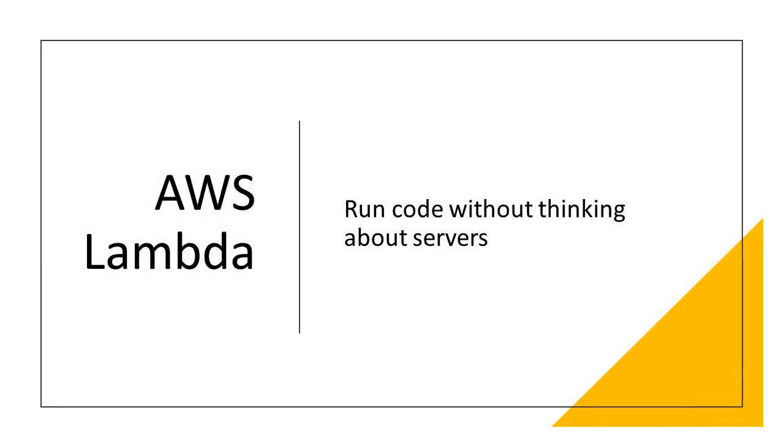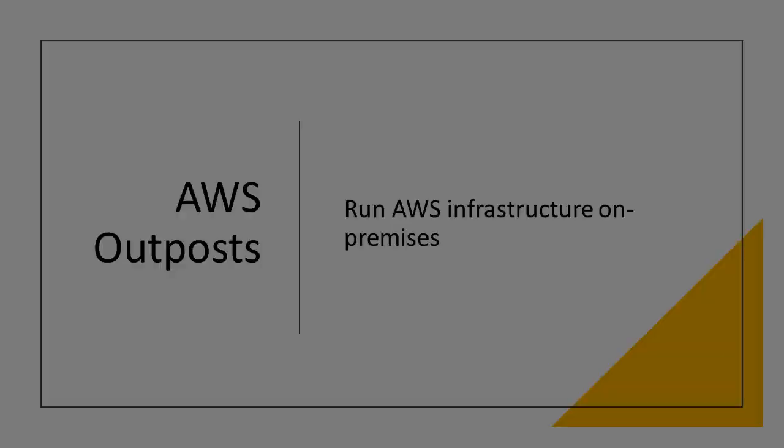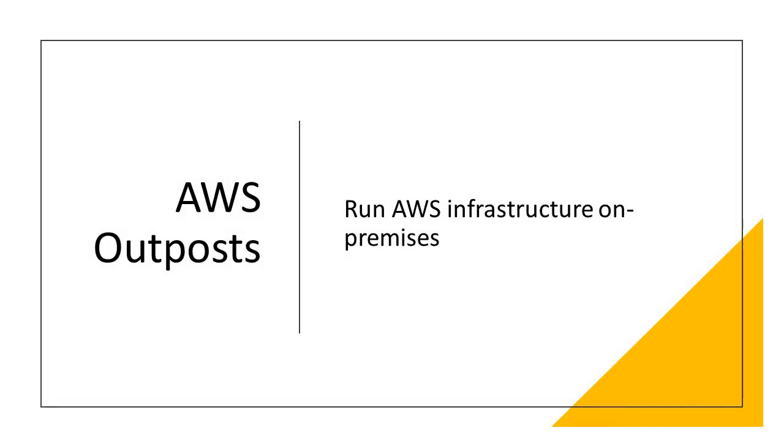AWS Lambda Service. AWS Lambda is an event-driven, serverless computing platform provided by Amazon as a part of Amazon Web Services. It is a computing service that runs code in response to events and automatically manages the computing resources required by that code. AWS Outposts Service.